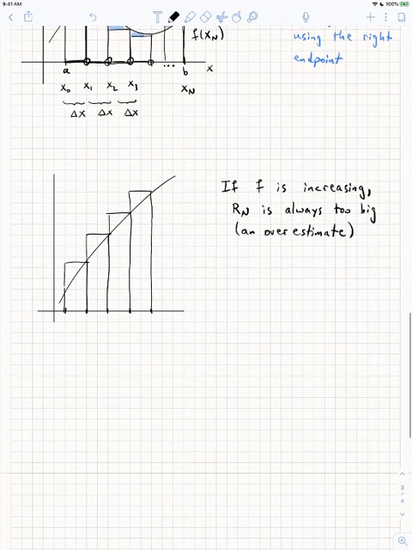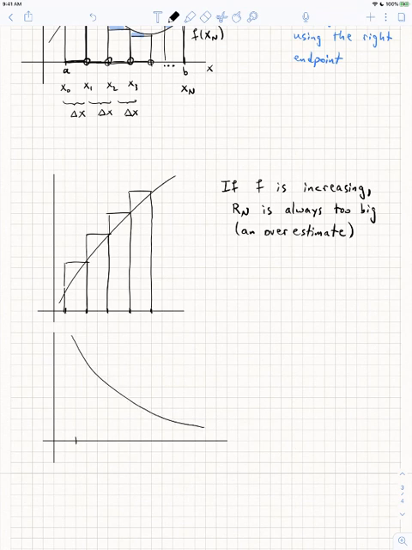On the other hand, if you have a decreasing function, so let's draw one of those now. Let's say this one. This is decreasing. And if we divide our interval up into smaller intervals, you can see here that the right endpoint is going to give you something which is too small.